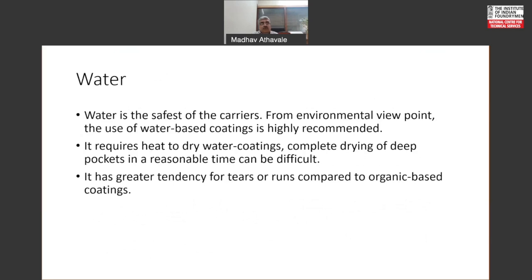It also has a greater tendency for tears or runs compared to organic based coating, simply because it doesn't dry fast enough. Runs means the excessive flow of the filler material. Tears means it is not adhering fully. Tear drops are forming.